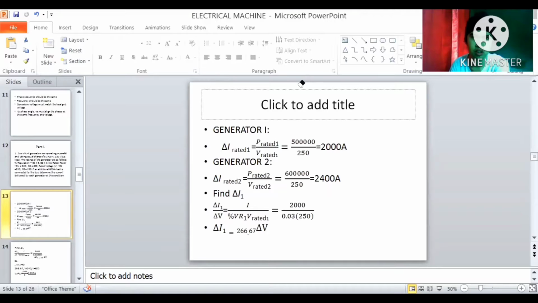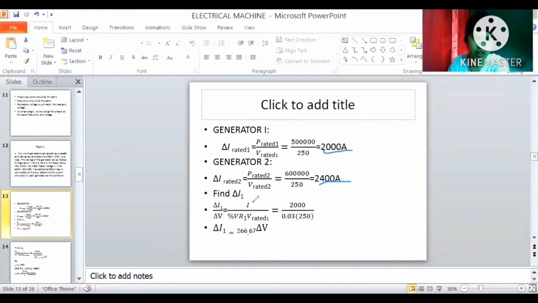For generator 1, I rated 1 equals P rated 1 over voltage rated 1, which is 500,000 over 250 equals 2,000 amperes. For generator 2, I rated 2 equals P rated 2 over voltage rated 2, which is 600,000 over 250 equals 2,400 amperes.